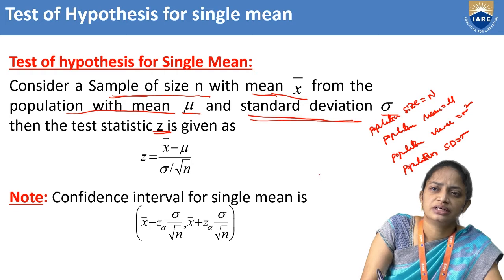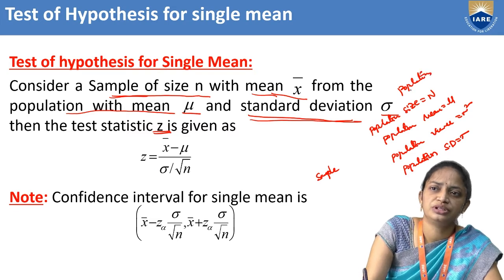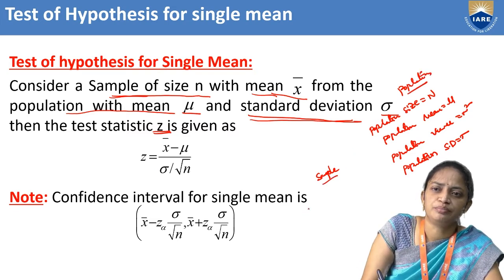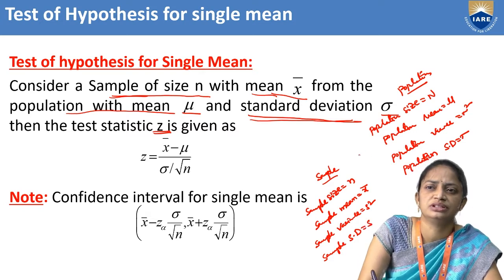Coming to the sample, the sample size is denoted with small n, the sample mean with x bar, the sample variance with s square, and the sample standard deviation with s. Remember these 4 and these 4, totally 8 points.